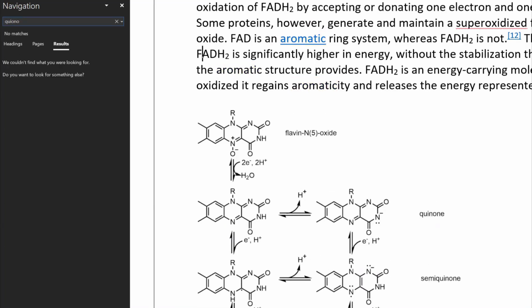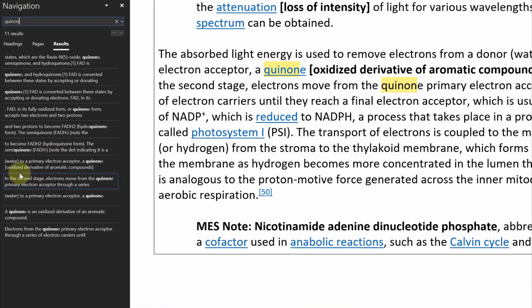Quinone. Right here, this is the water one.